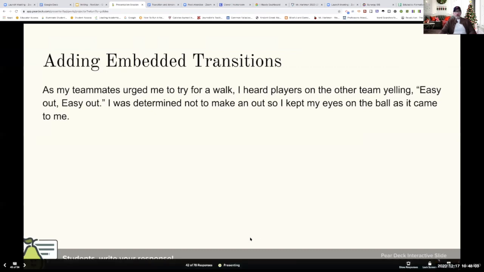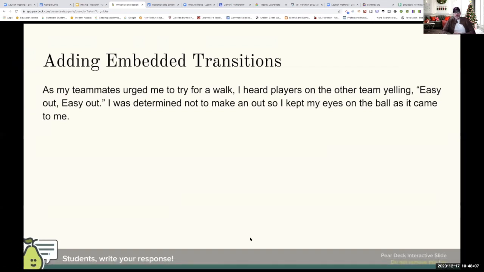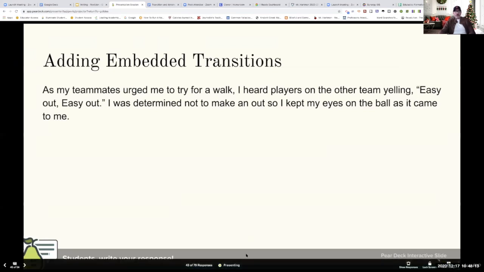All right, we're getting there. 42. So eight more people. Just take a guess. We're looking for one transitional phrase and one transition word.